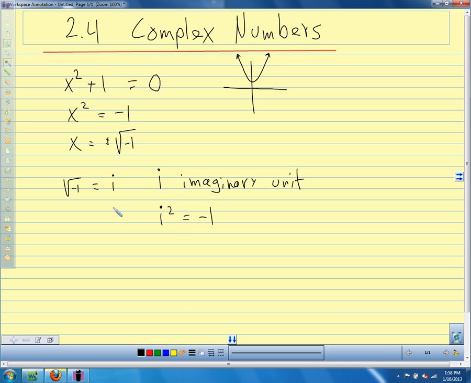When we put real numbers with imaginary numbers, we get complex numbers. So the complex numbers we write in the form a plus bi, where a and b are real numbers.